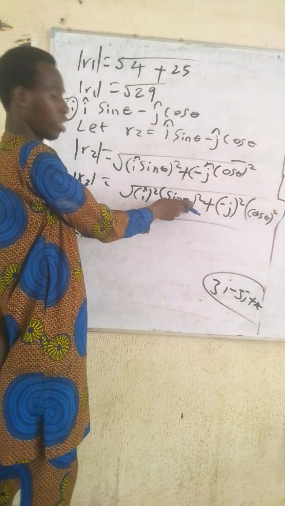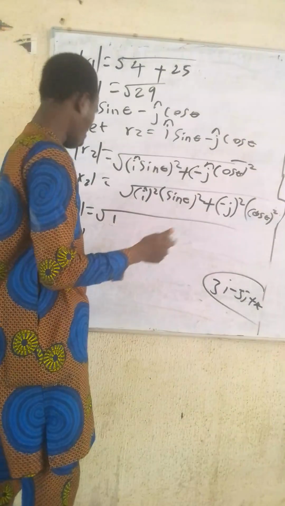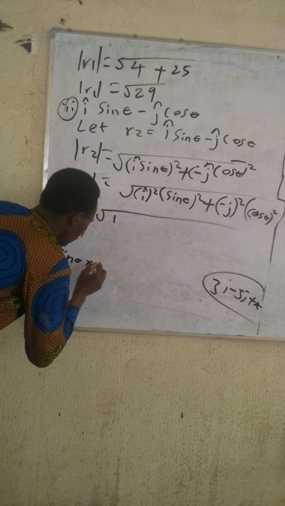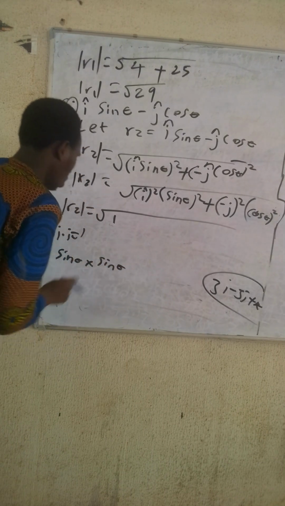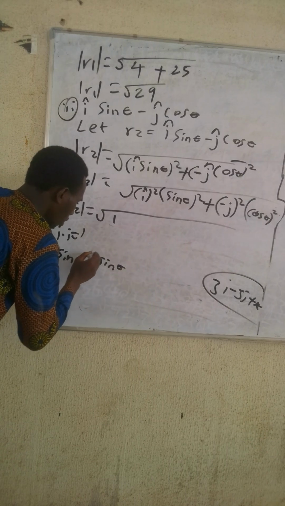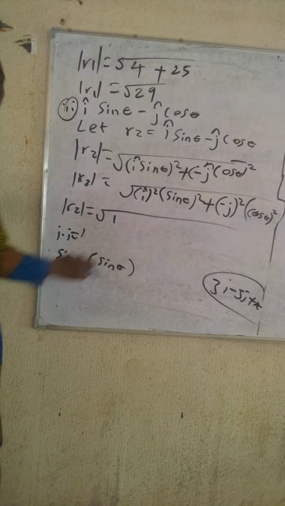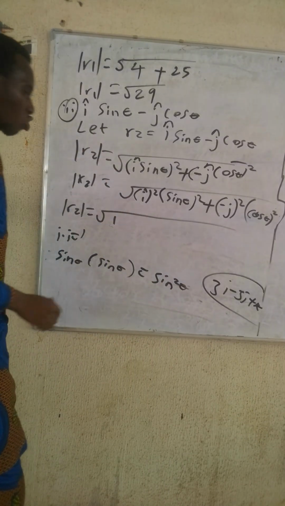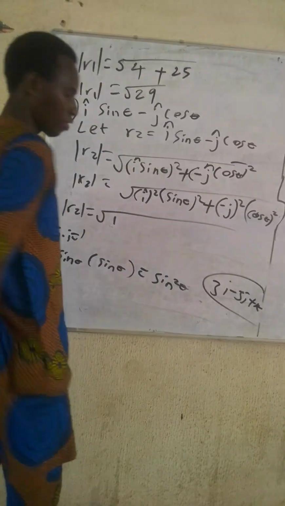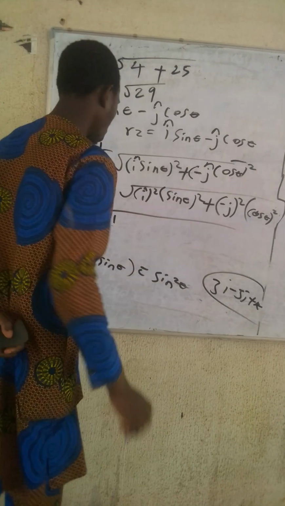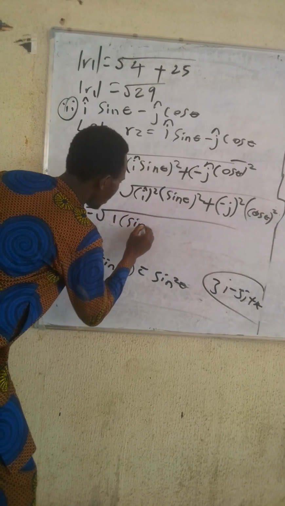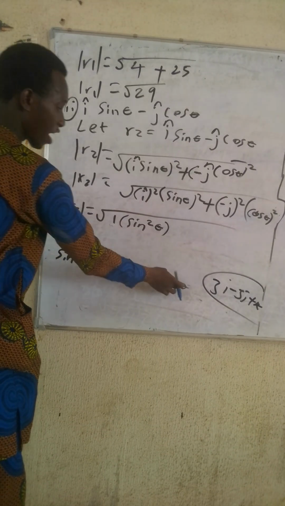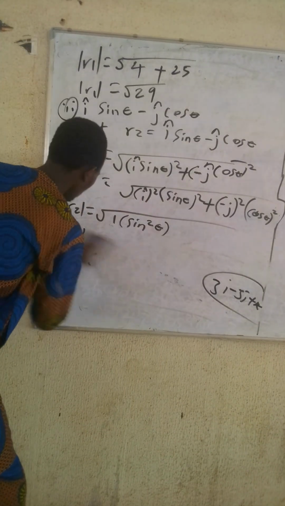And we have sine theta squared, which means sine theta multiplied by sine theta, or sine theta dot sine theta, which is sine squared theta. Okay?